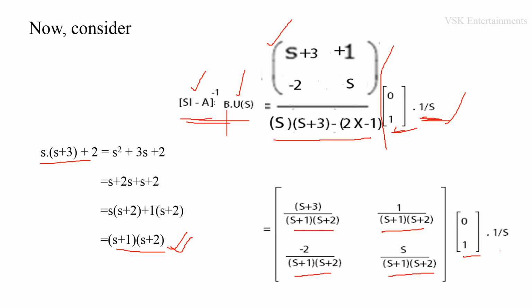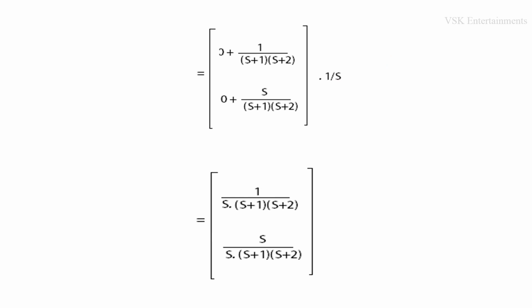Now by matrix multiplication and multiplying the entire thing by 1 by s, we get (sI − A) inverse B into U of s. This is the resultant matrix by multiplying (sI − A) inverse with matrix B, and this is U of s. Simplify these two terms also.